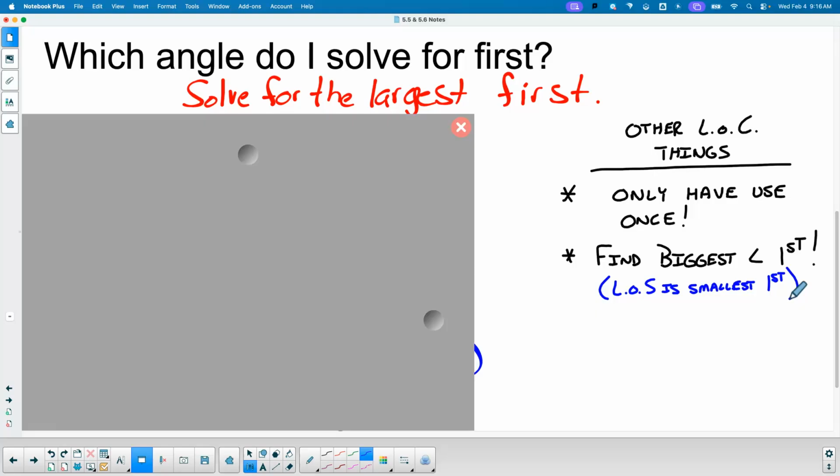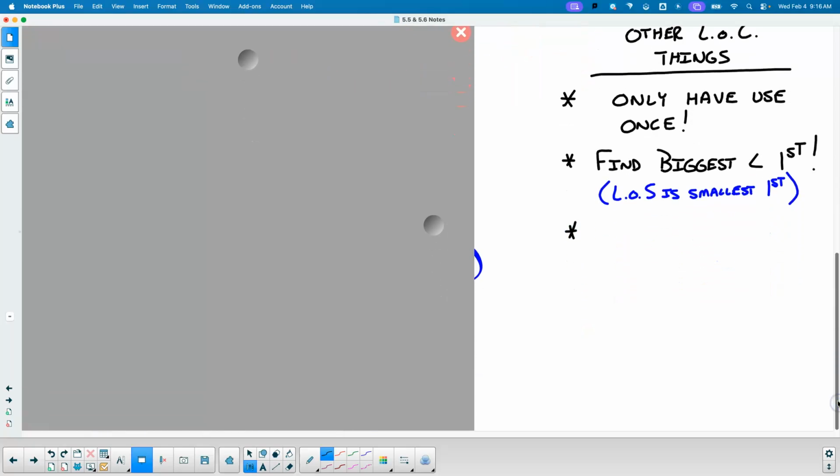The nice part about the law of cosines, there is no ambiguous case. Okay?